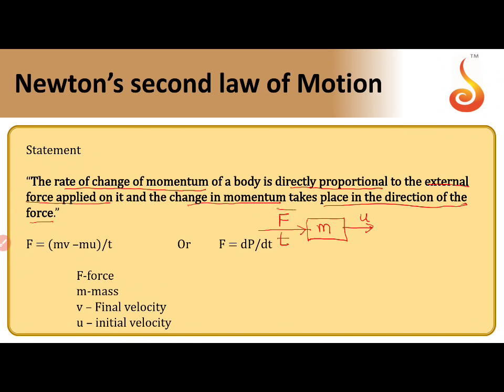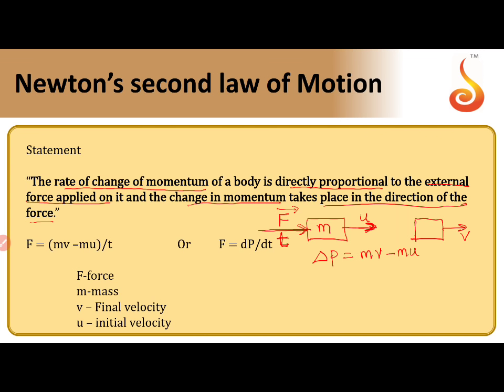When the force F vector acts in this direction for a time equal to t seconds, the velocity of the body, which was u, after t seconds would have become equal to v. Now, the change in the momentum delta P is equal to mv minus mu. This gives change in momentum.